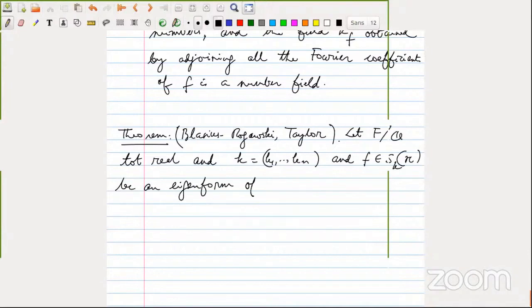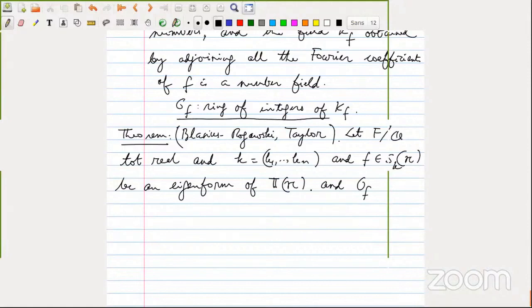Suppose I denote by O_f the ring of integers of the number field K_f.